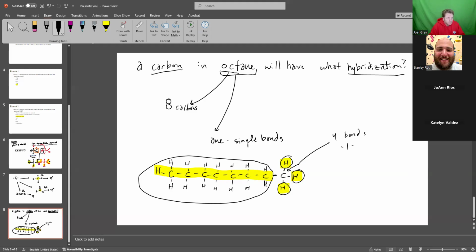One is a carbon-carbon bond. And then we got three CH bonds. So this is four bonds, four things. So since it has four things, it's SPPP. So it's sp3 hybridized. Does that make sense, folks?